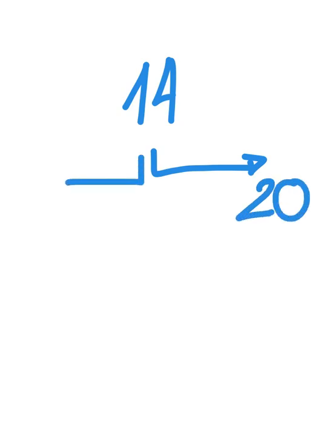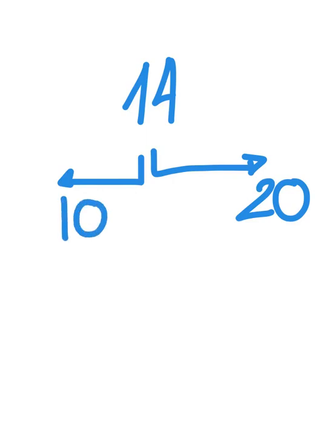This means that, for example, if we have the number 14 and we want to round it to the nearest 10, we need to find the numbers that 14 is in between. If we go this way, we're going to run into 20. If we go that way, we're going to get to 10.